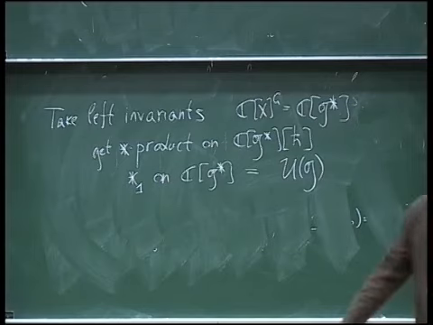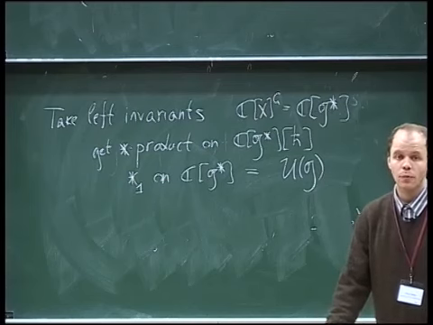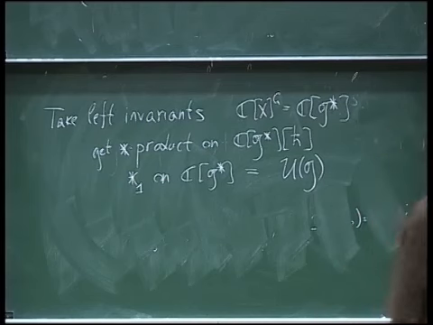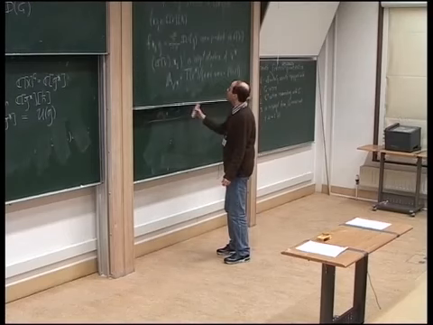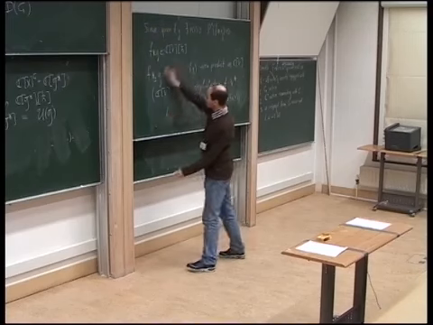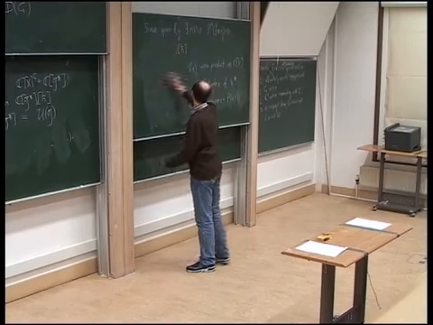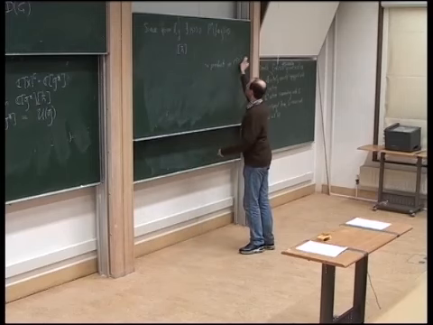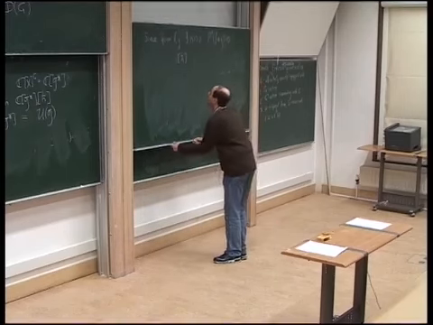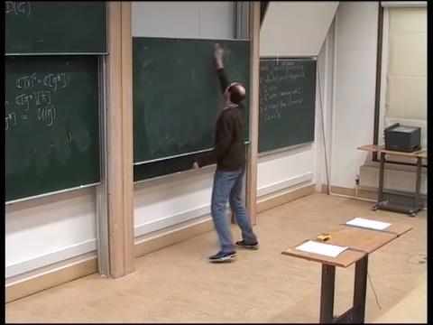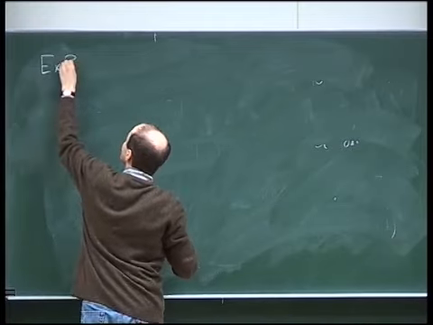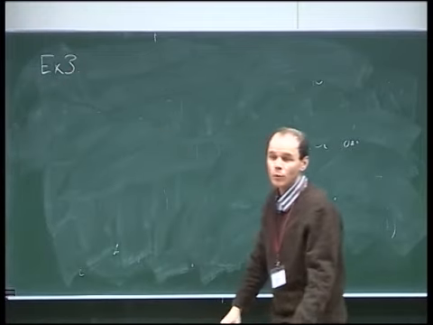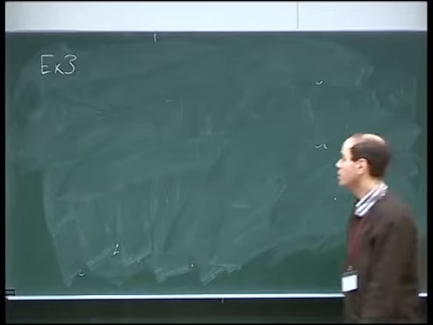And now finally, our third example, which looks very similar to this one. And that's actually the example I want to deal with. So finally, we take X to be the equivariant Losev slice.